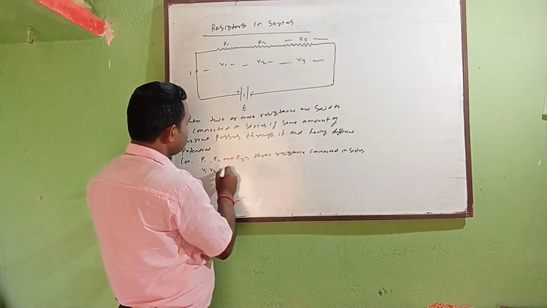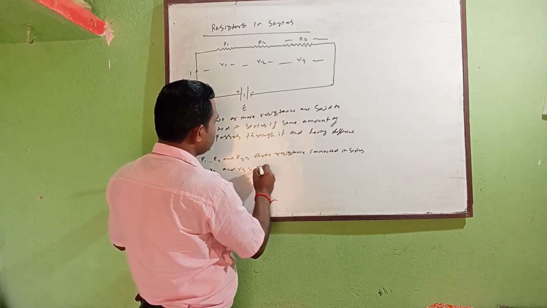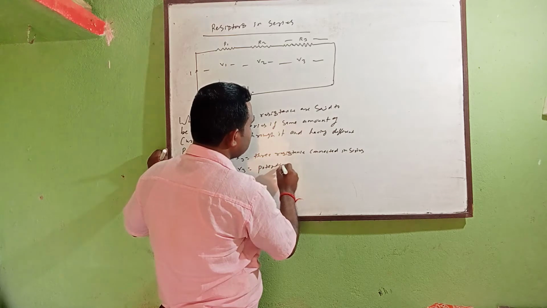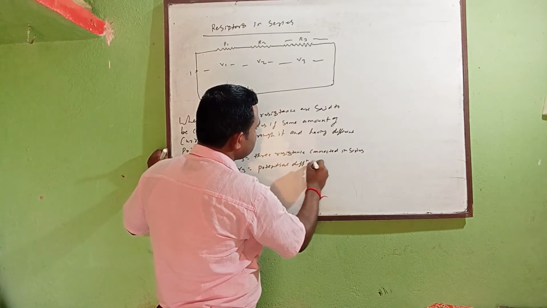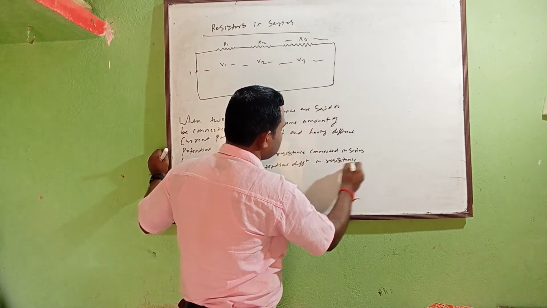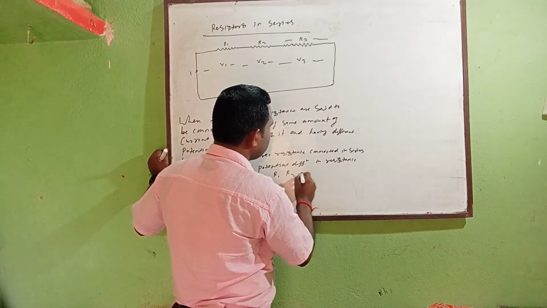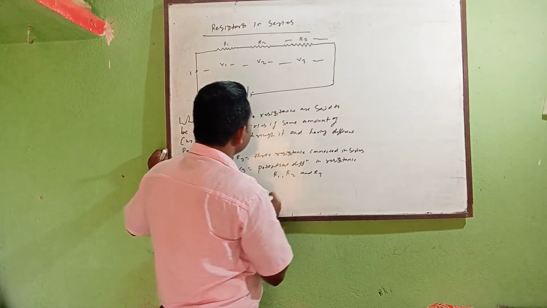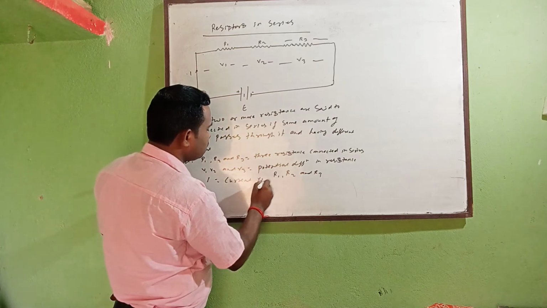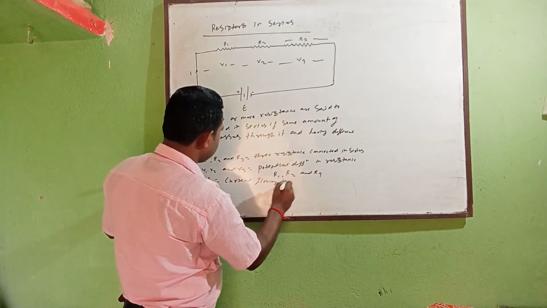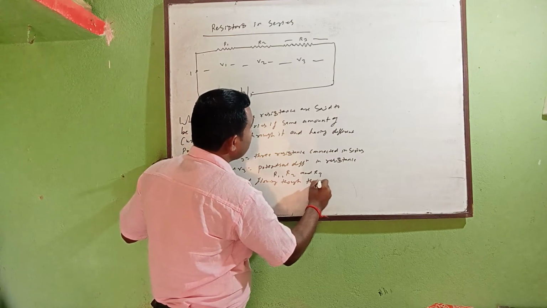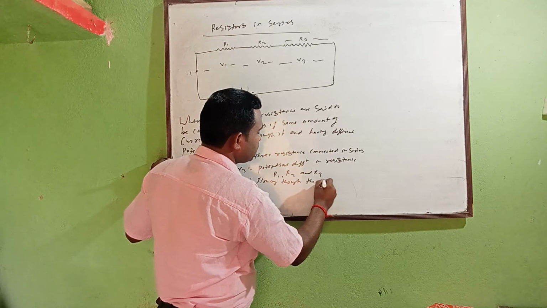V1, V2 and V3 equal to the potential difference across resistances R1, R2 and R3. I equal to the current flowing through the circuit.